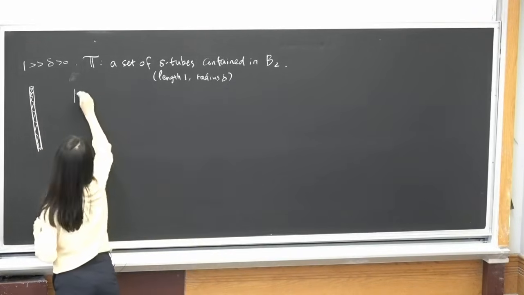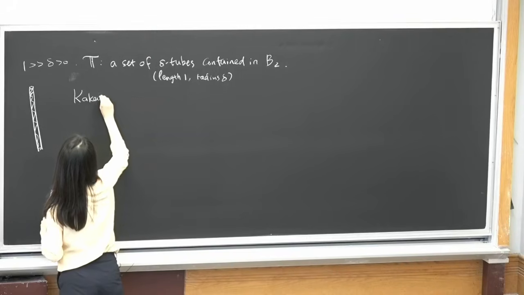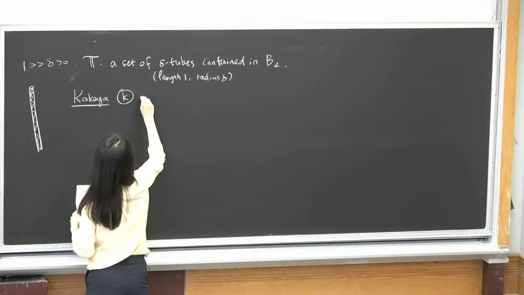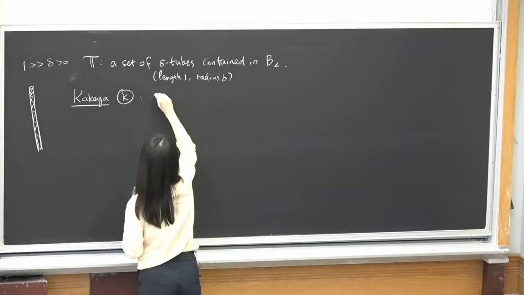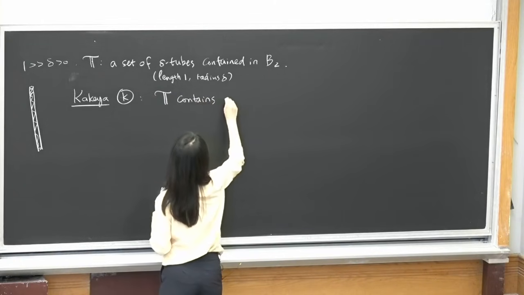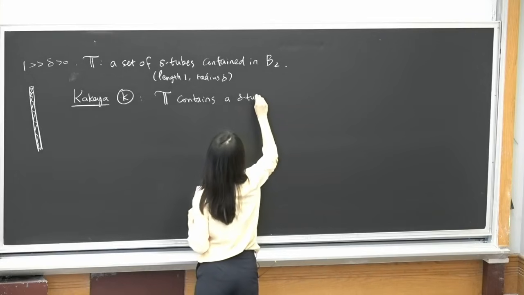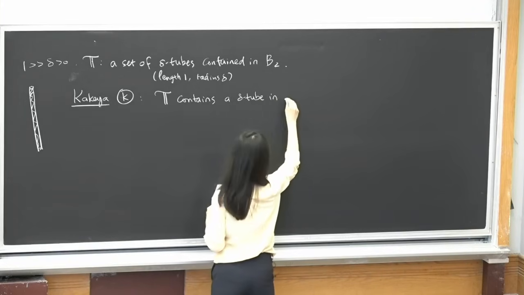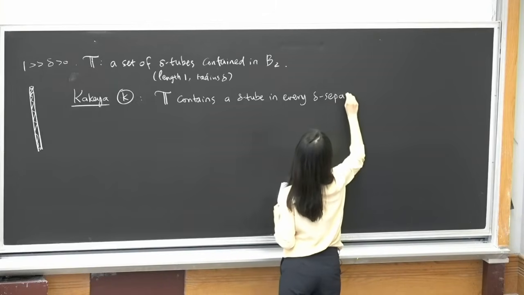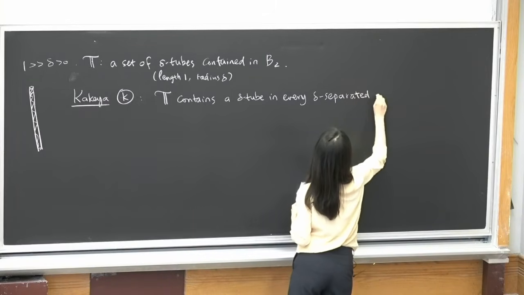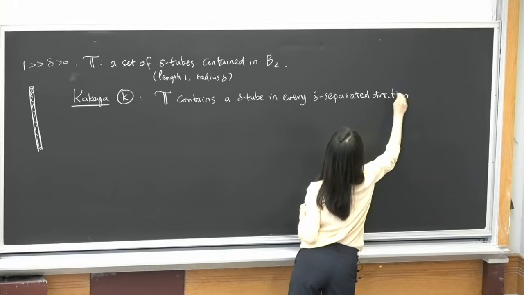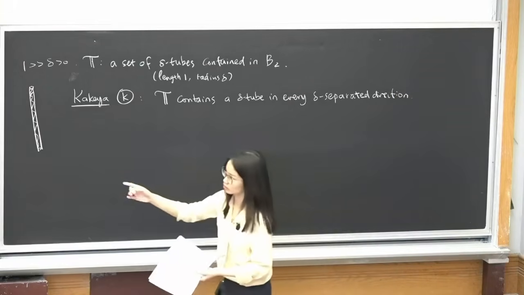And the Kakeya assumption says that T should contain a delta tube in every delta separated direction. This is the Kakeya assumption.